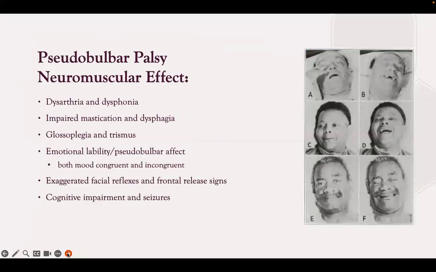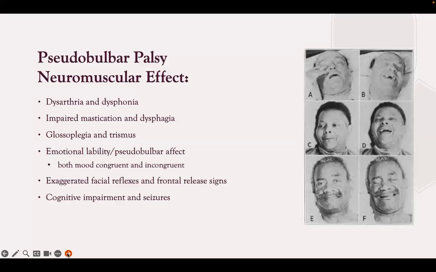Pseudobulbar palsy is more centralized to the face, mouth, and throat compared to the more full body effects of progressive supranuclear palsy. The clinical constellation includes dysarthria and dysphonia, impaired mastication and dysphagia, which is impaired chewing and swallowing, glossoplegia and trismus, which is paralysis of the tongue and lockjaw.